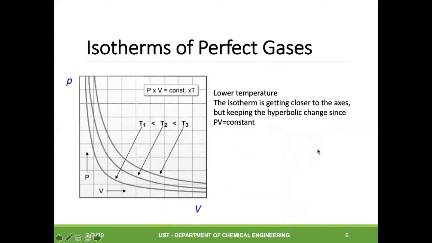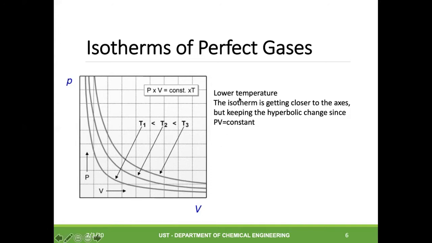Now, if we take a look at the isotherm of a perfect gas. For example, if you plot pressure versus volume, this is PV at T1, so this is your first isotherm. PV at T2 and PV at T3. So this is increasing temperature.